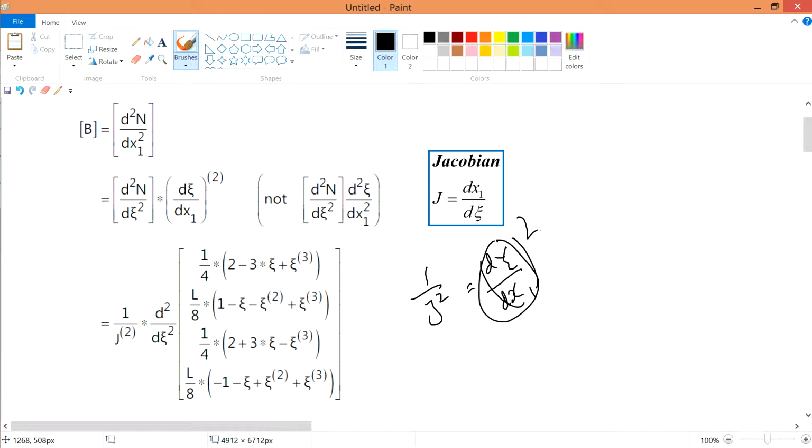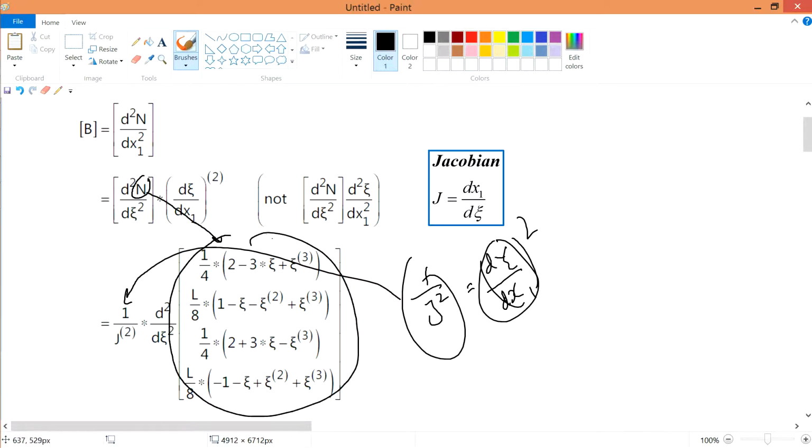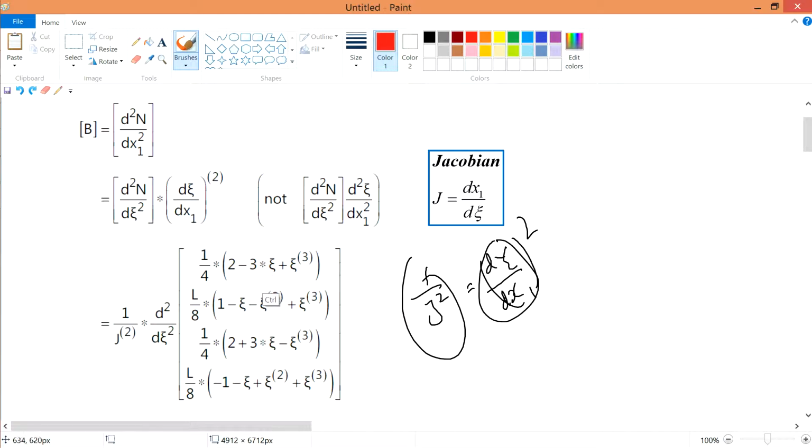Everything is squared, so you have 1 over J squared over here, times d²N. This whole part over here is your N, while the other part, d² over dξ², is this thing over here. I hope this is pretty clear.